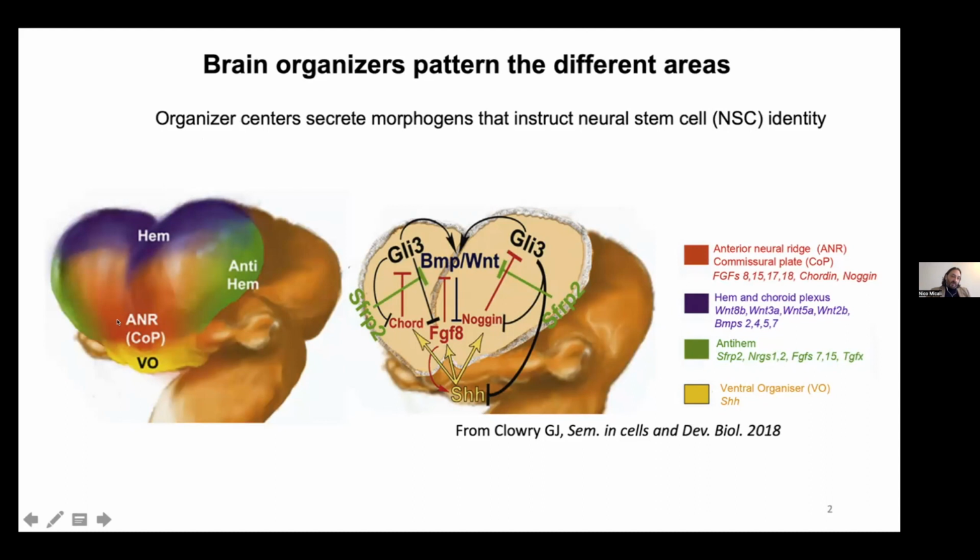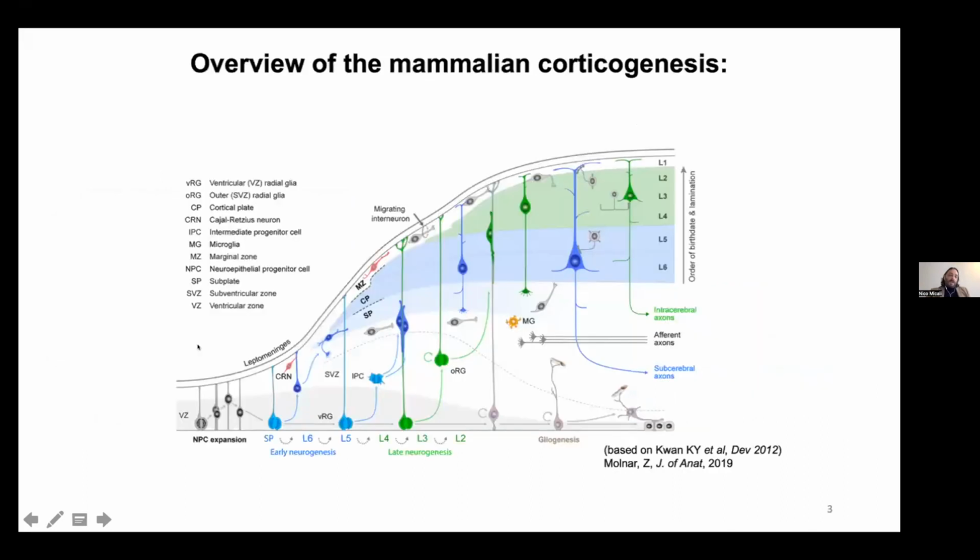Here we can recognize the rostral patterning center in the anteroventral domain, secreting FGFs. Then in the dorsal posterior area, we have the cortical hem secreting BMP and Wnt, the antihem in the lateral area, and the ventral organizer secreting Sonic hedgehog.